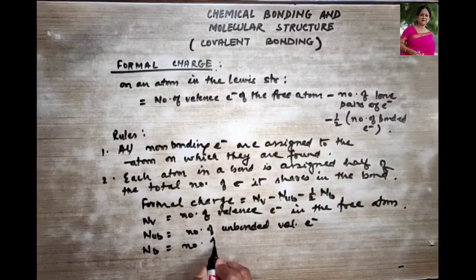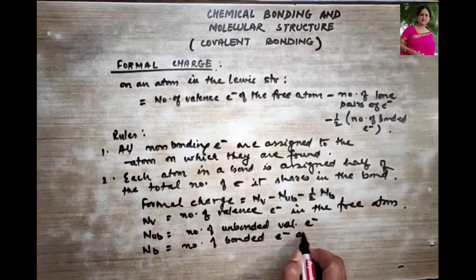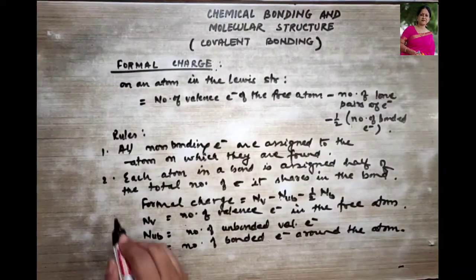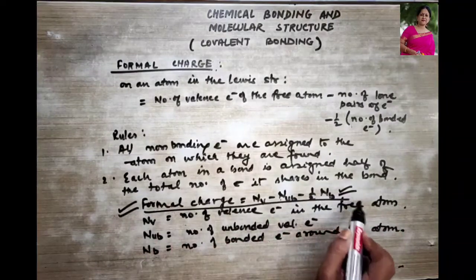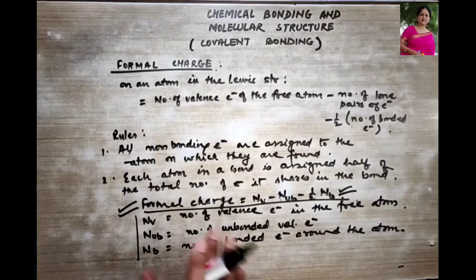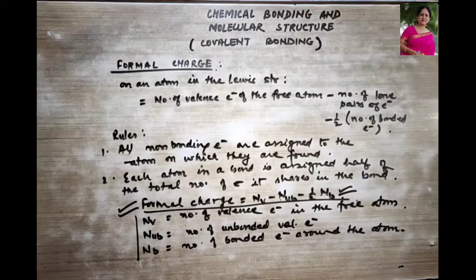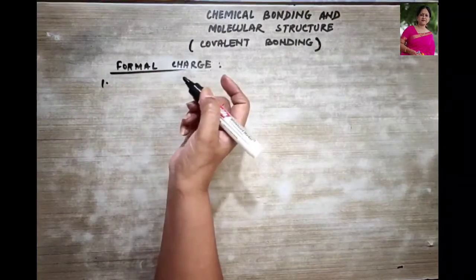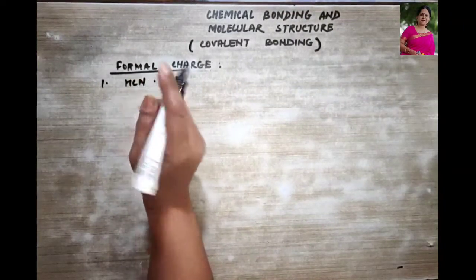These are the number of bonded electrons around the atom. So this is actually the formula that you have to learn to find out the formal charge. Clear? I have already mentioned it over here. So let us find out one question where we are going to calculate the formal charge of a particular ion. Let's take one example: we have to assign a formal charge to each atom of HCN, right?